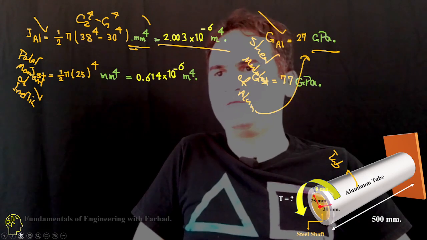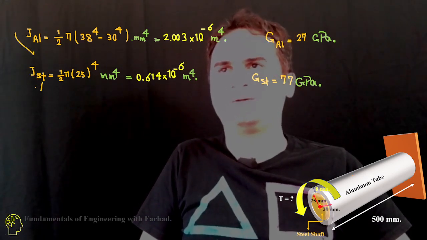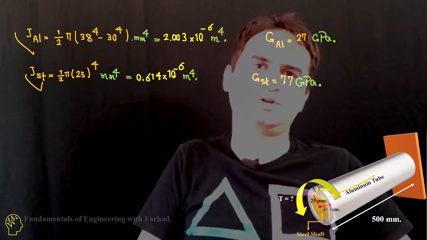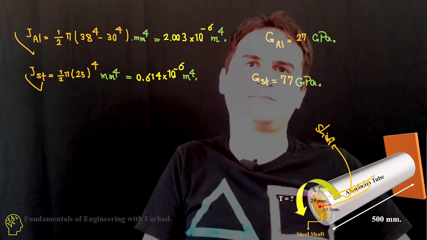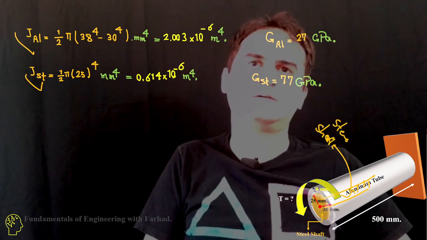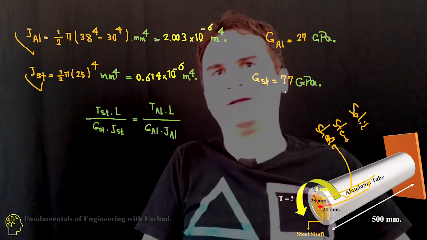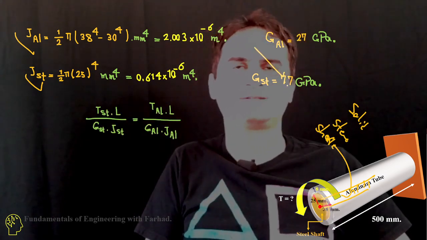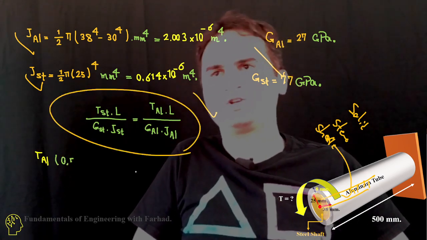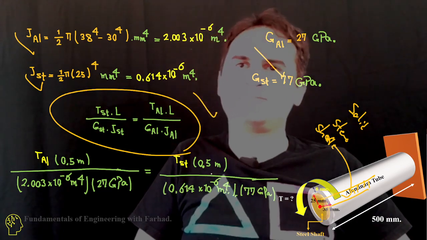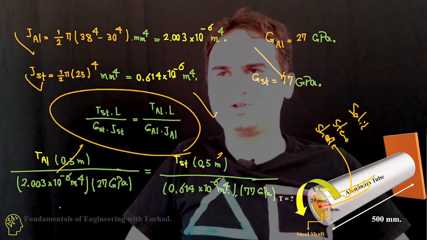If you do the same for the other material, it gives you J of aluminum and J for steel, the internal solid steel shaft inside the tube, and G for steel is 77 gigapascal. Equalize these two equations and cancel out these two terms, since the length is the same for each of them.